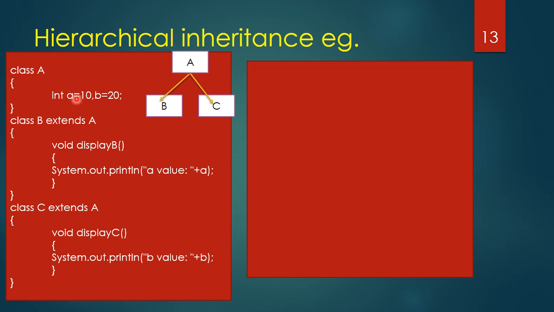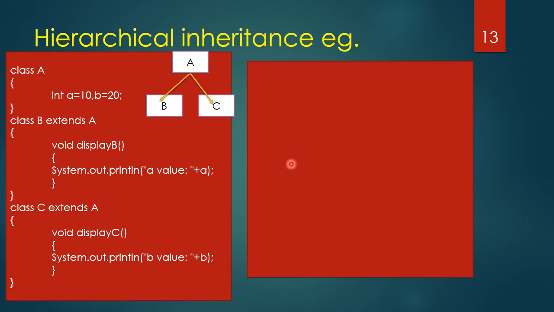All the A and B values are available in B as well as in C, so that's why A and B values can be printed in the B class as well as the C class.